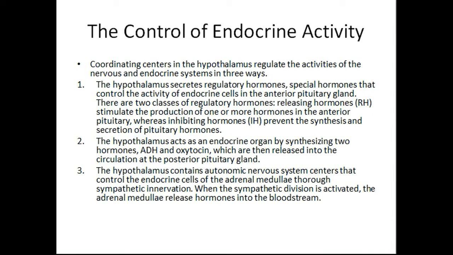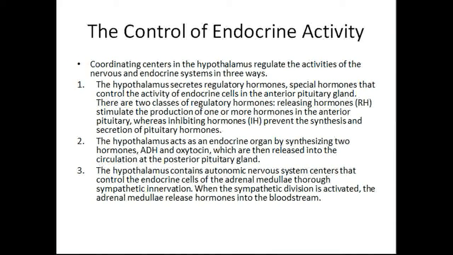There are two classes of regulatory hormones: releasing and inhibiting. The hypothalamus acts as an endocrine organ by synthesizing two hormones, ADH and oxytocin, which are then released into the circulation at the posterior pituitary gland.